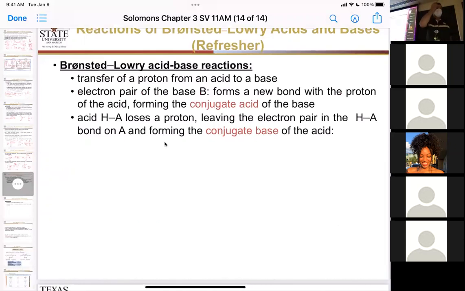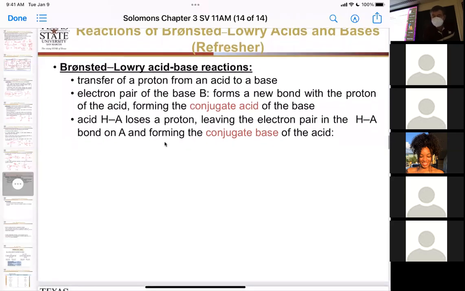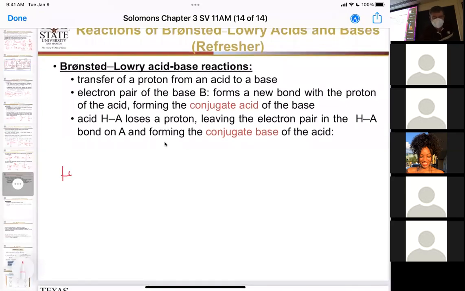Okay, so I'm sorry, if we're doing it as a Bronsted-Lowry base, we have our acid, which looks like HA. And then we have our base, which is B with a lone pair on it, so we can see them. And we have some kind of equilibrium where the proton is transferred.